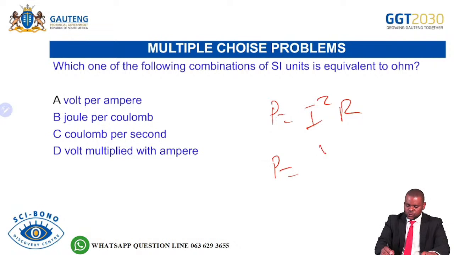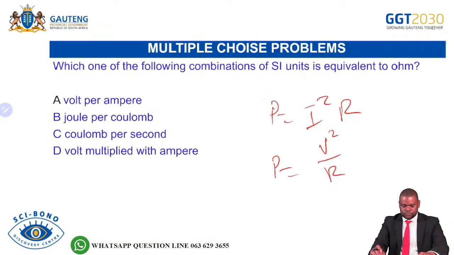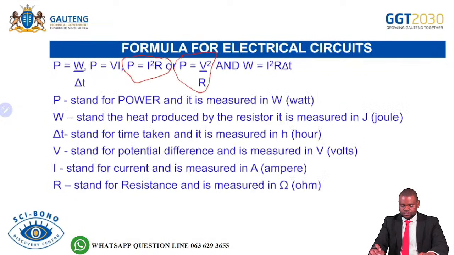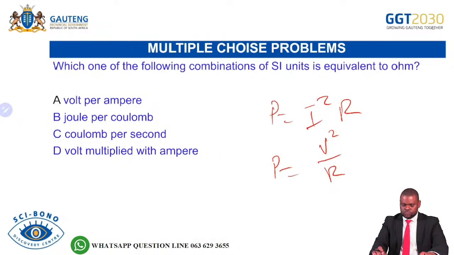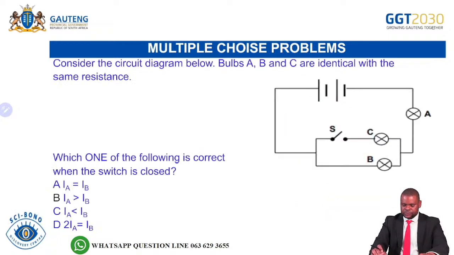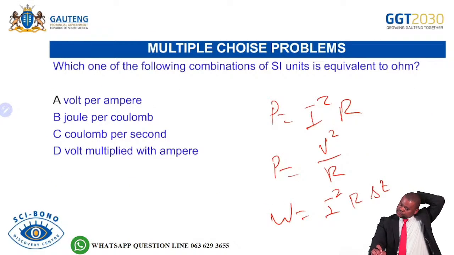P is equal to V squared over R. And then we have this one also, which says W is equal to I squared R change in T. Is it I squared? Yes, it's I squared. Can we see?